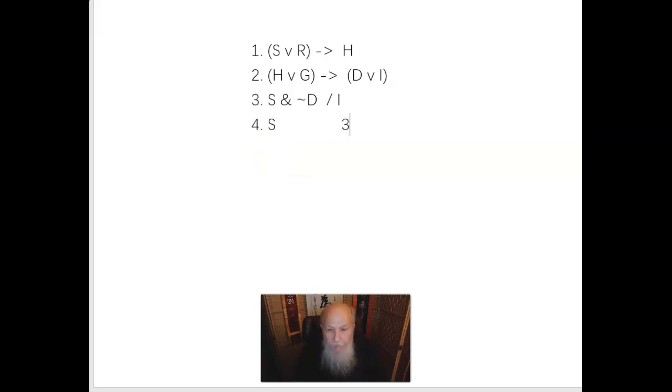So I got S from 3 by simplification. Got not D from 3 by simplification. Now I can get S or R from 4 by addition.